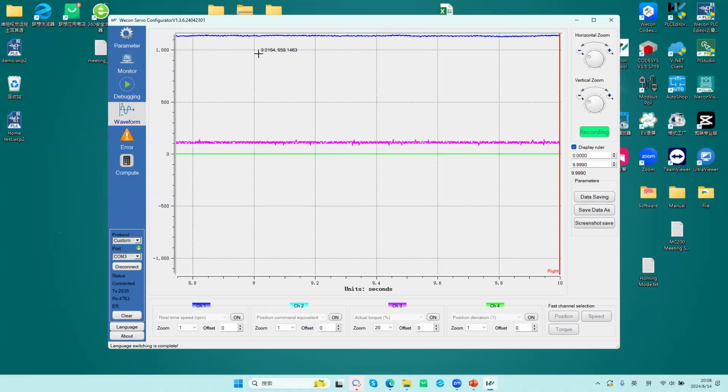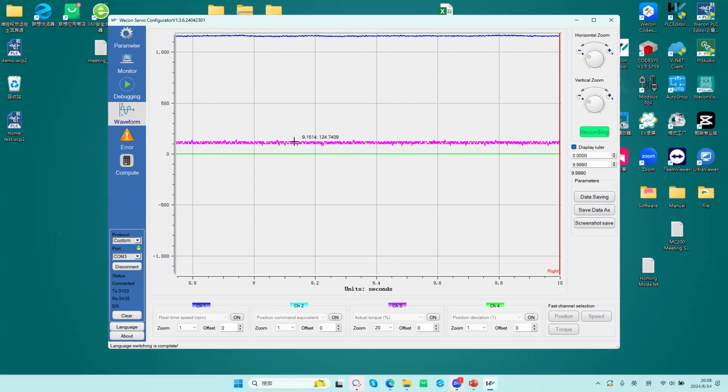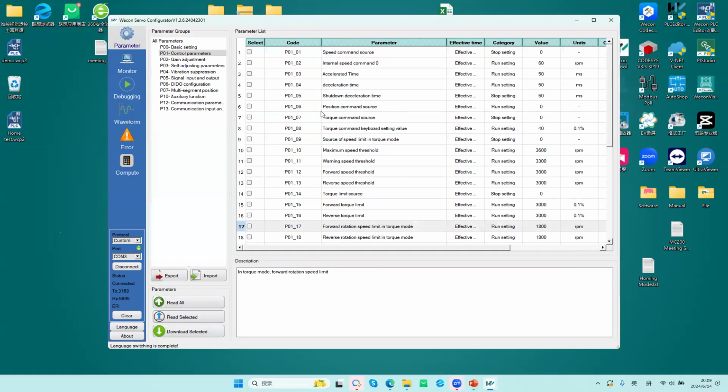And now the motor didn't continue to speed up because for now the torque of our motor is already the same as the friction of our motor axis. I change the torque by changing this parameter.